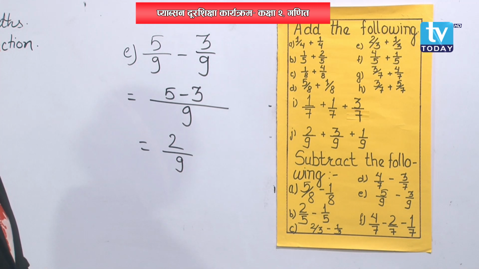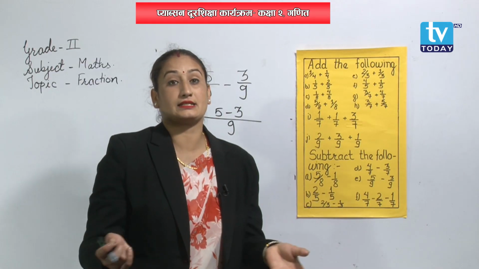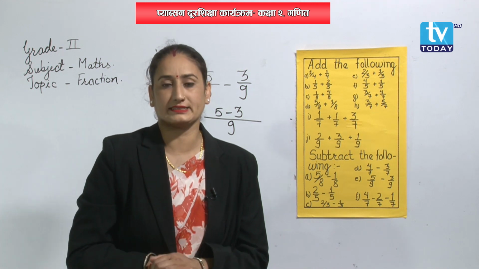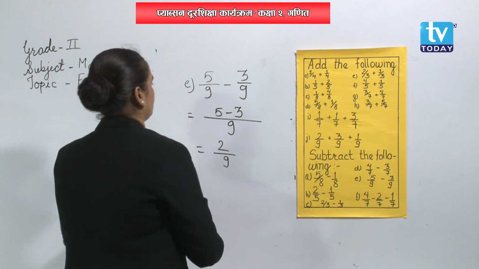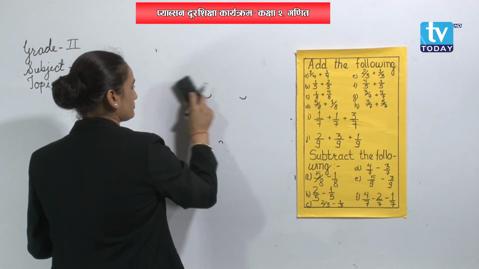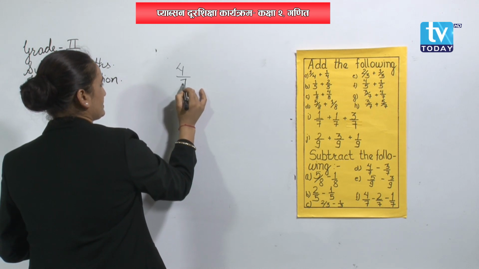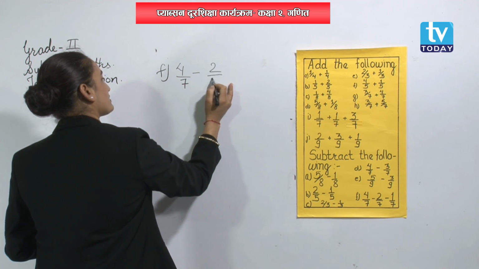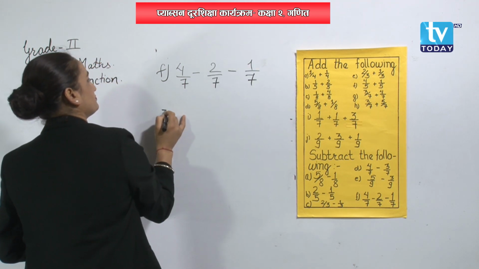Okay. Now, if 3 fractions are there for subtraction, then how to subtract? Let's have a look. Over here, 4/7 minus 2/7 minus 1/7 is there.